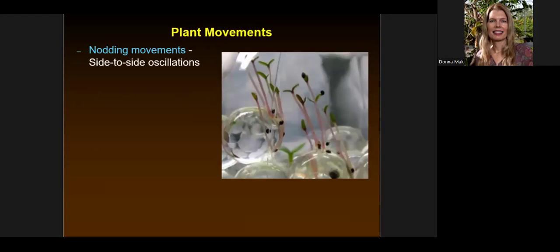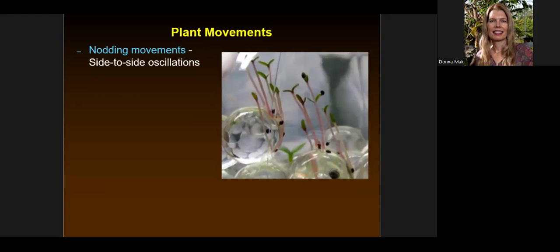Then they allow the seeds to germinate, and you'll see that as soon as the little embryo plant starts to grow out of the seed, it starts to nod back and forth as it keeps growing taller and taller. And they hypothesize that they're doing that because normally seeds are in the soil, right? So imagine you're a seed, you're buried alive.